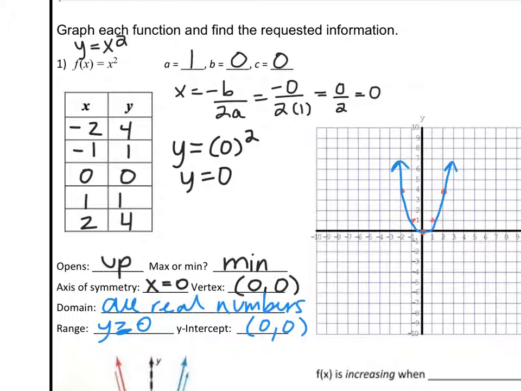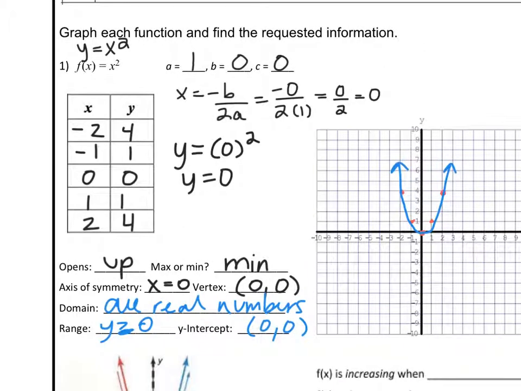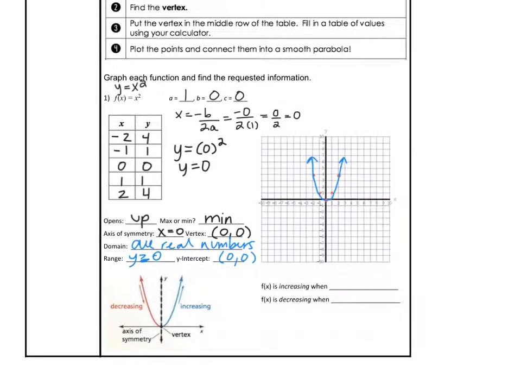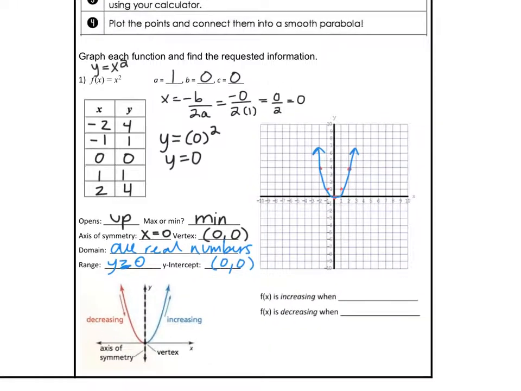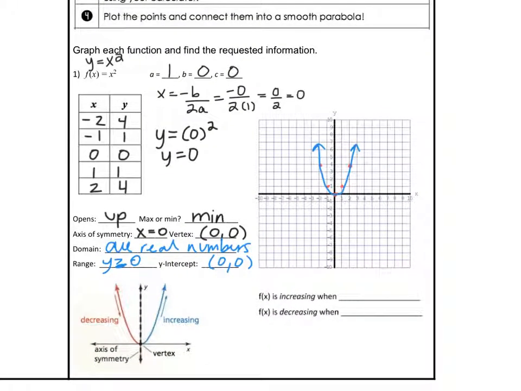You get to use your graphing calculator to fill in the blanks. One more thing we need to answer before we move on. We'll do one more together. I'll probably have you try the last one on your own. This graph is increasing, going up on which side right now? The right side. So that's everything greater than 0.